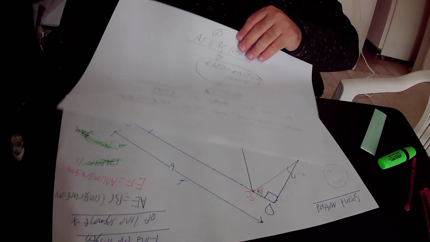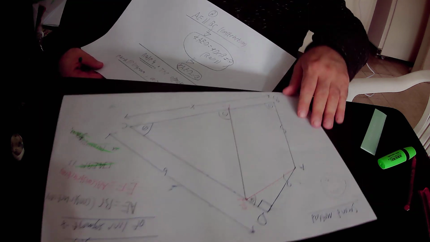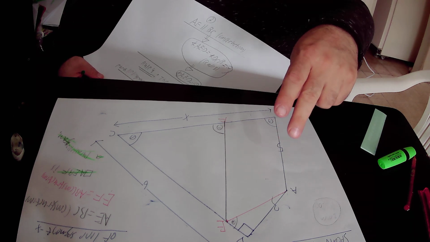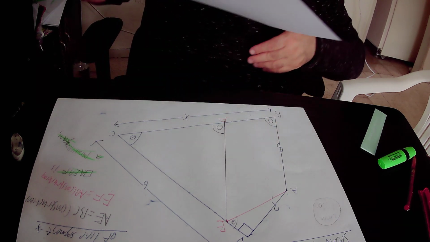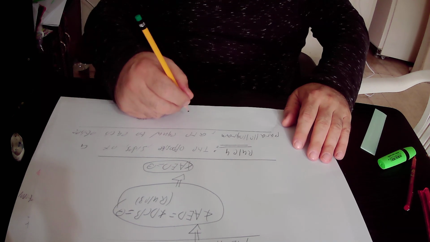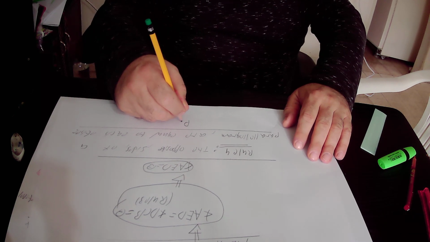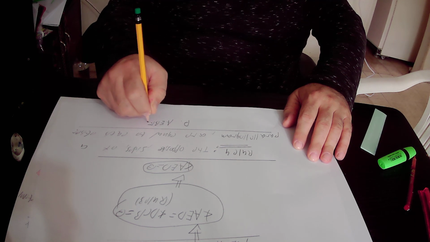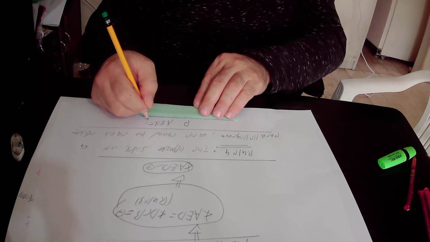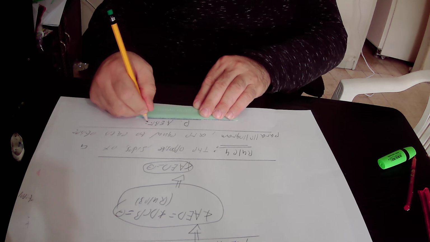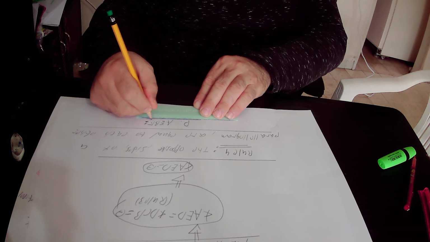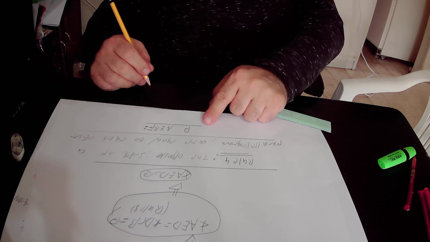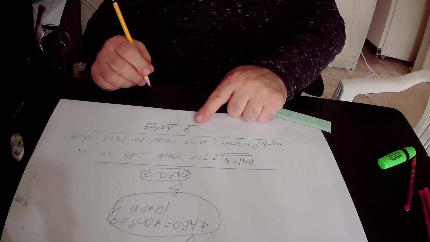So, we will relate this to our parallelogram AEBF. Here P, the letter P is the abbreviation for parallelogram.